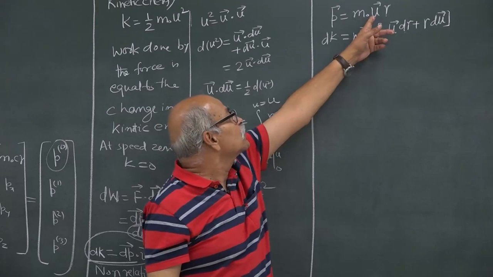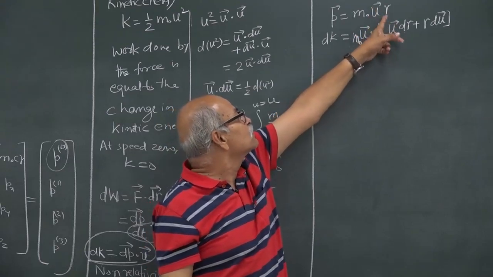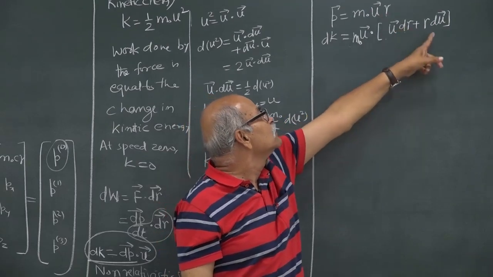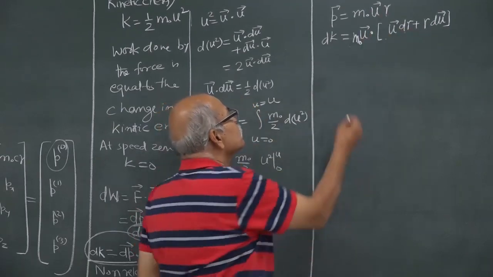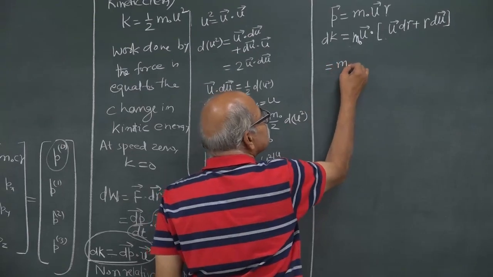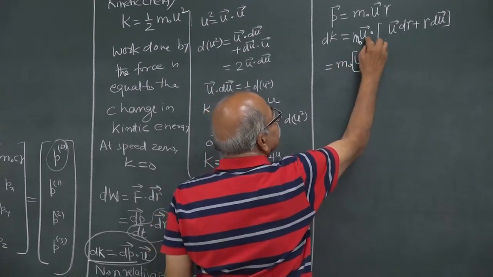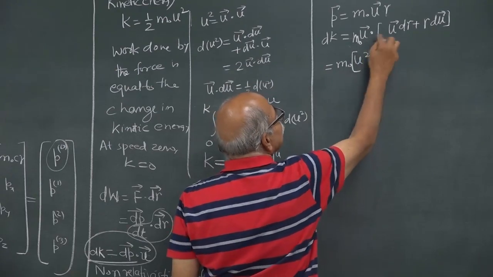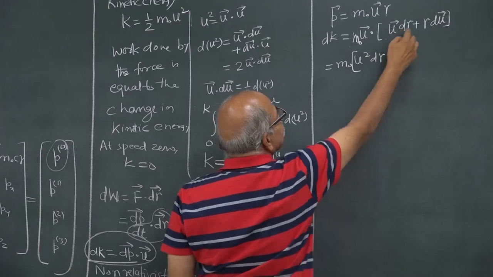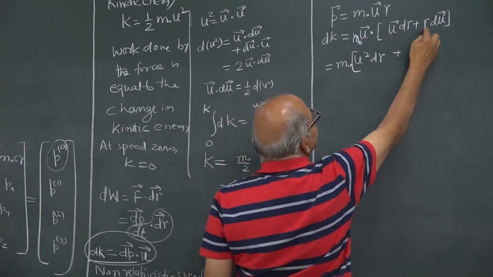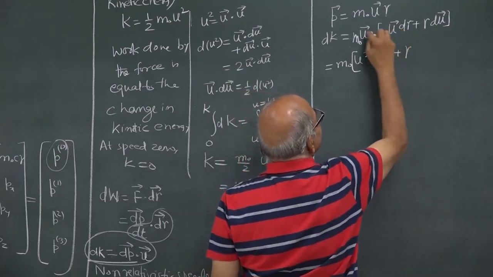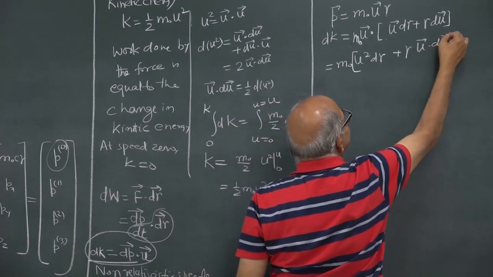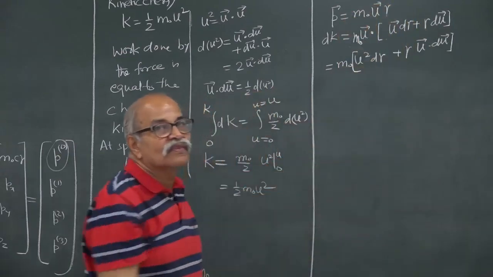This is product of the two functions, both are functions of u. So, u d gamma plus gamma du, and then u dot is here. So, this is equal to m naught, and then u dot u, which is u square d gamma, plus this gamma here and u dot du here.